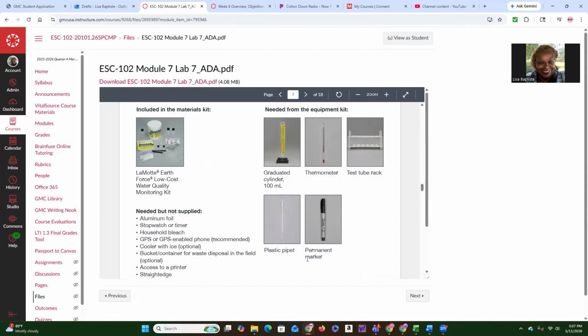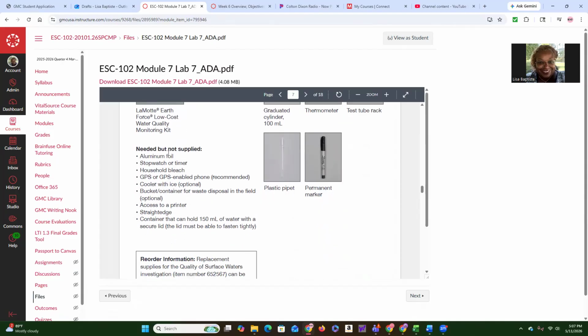All right. And then needed supplies, but you don't have them in your kit, is aluminum foil, a stopwatch or timer, household bleach, a GPS enabled phone, cooler with ice, which is optional, bucket container for waste disposal in the field, which is also optional, access to a printer, a straight edge, that could be a ruler, and a container that can hold 150 milliliters of water with a secure lid.